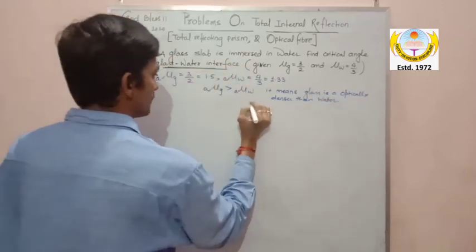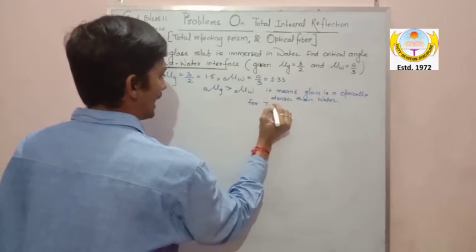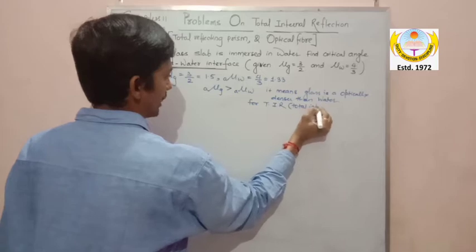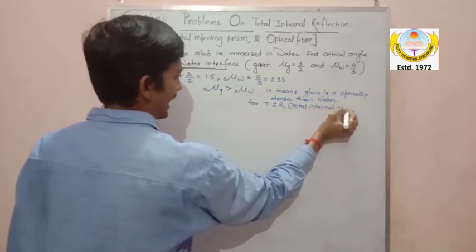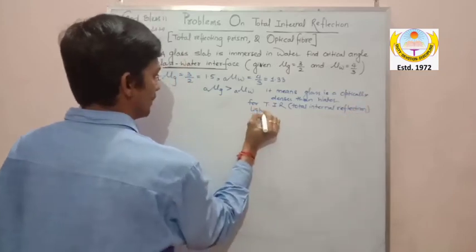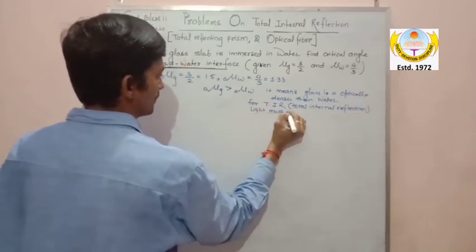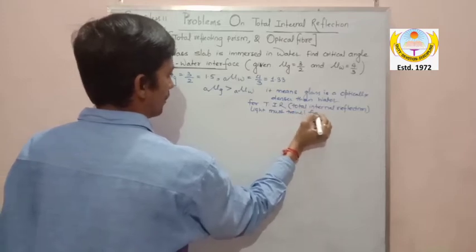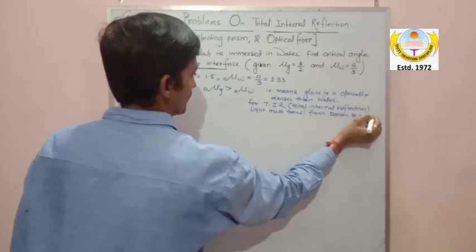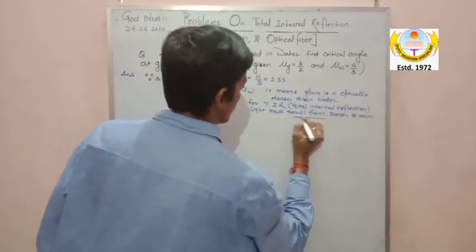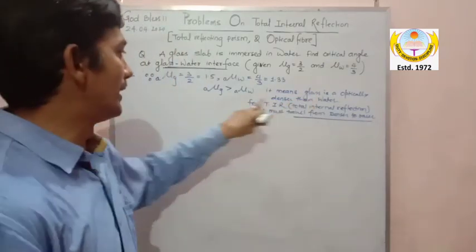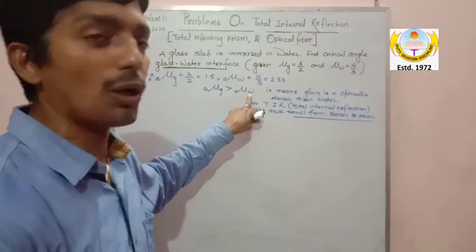And for TIR, that is total internal reflection, this is all a concept: light must travel from denser to rarer. So now I have concluded, my dear, that the glass is denser and water is rarer.